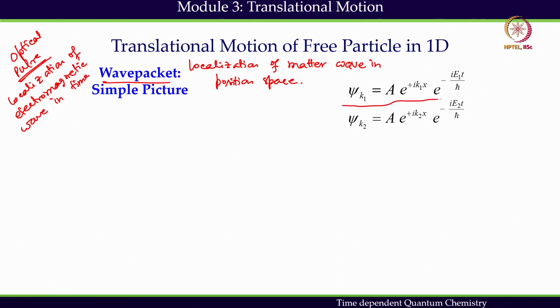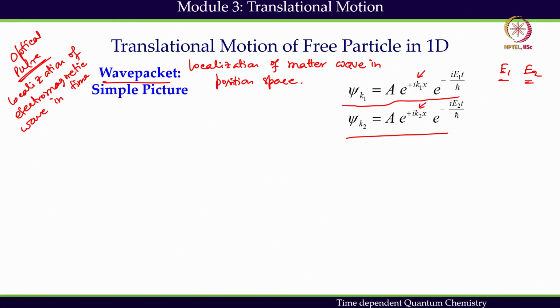So, we have taken these two waves, with slightly different energies E1 and E2, propagating along the same direction. Because E1 and E2 are a little bit different, K1 and K2 are different, because K depends on the kinetic energy.